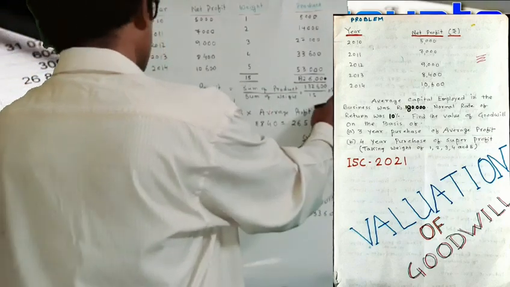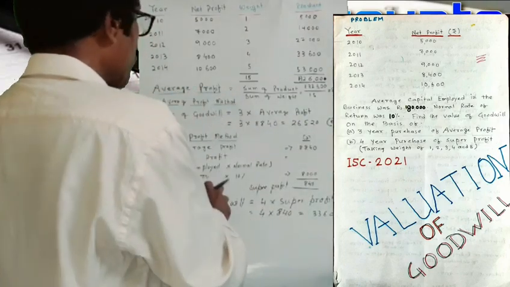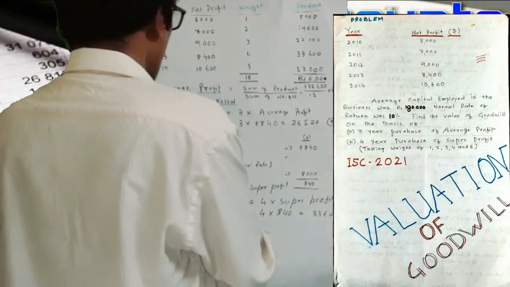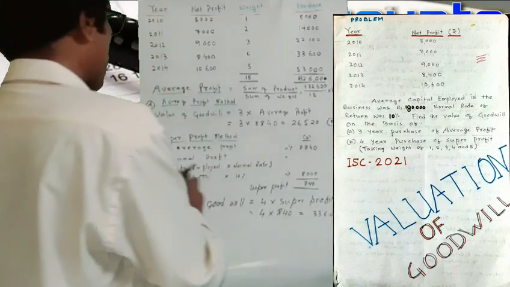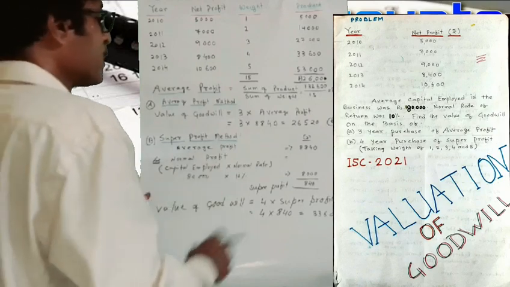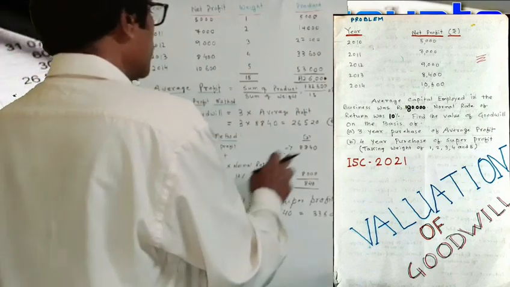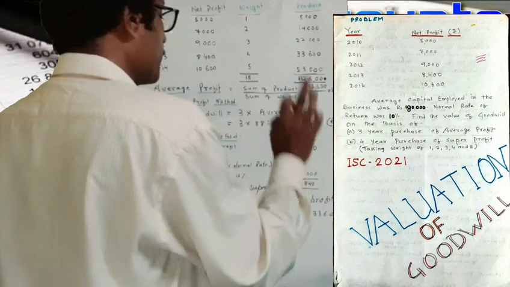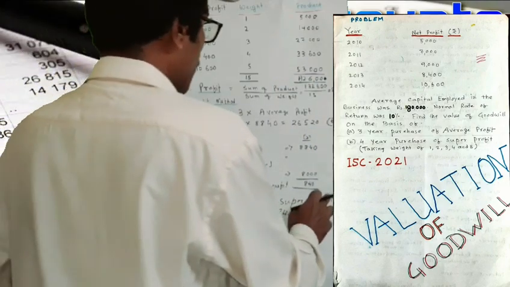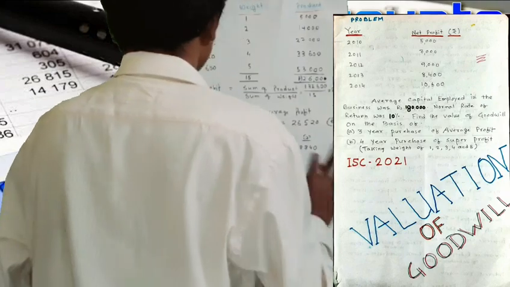Super profit is average profit less normal profit, and normal profit is capital employed into normal rate of return. Deduct normal profit from average profit to find super profit. This is the value of goodwill.